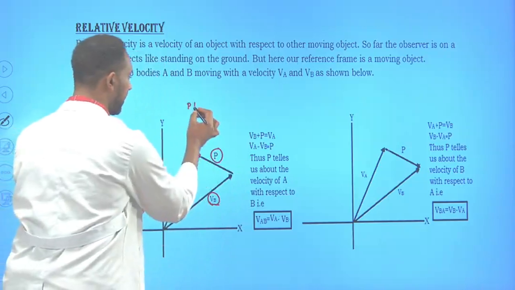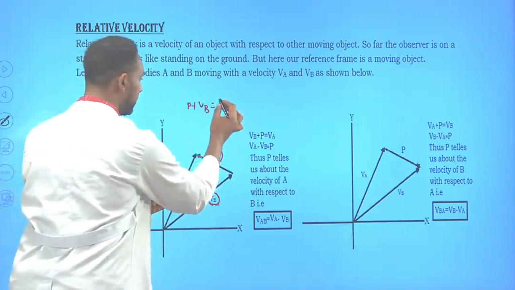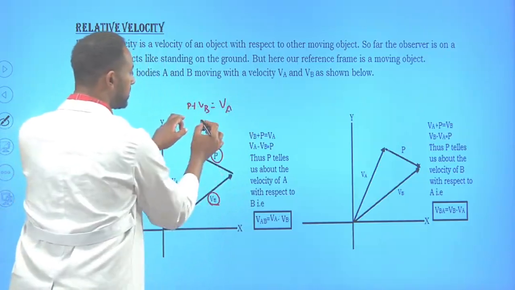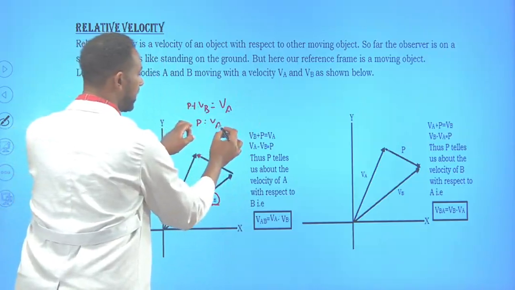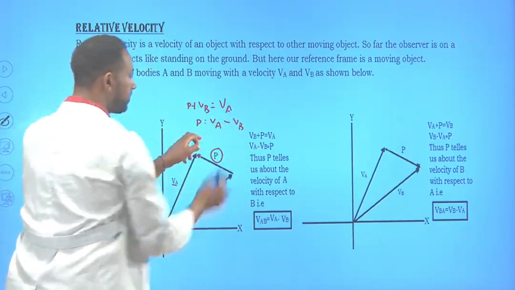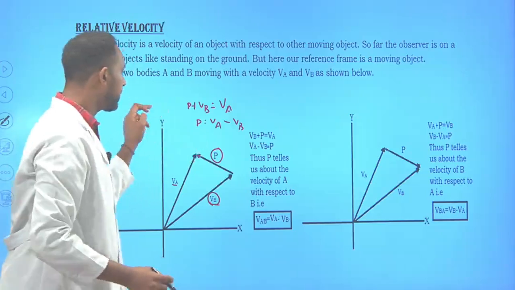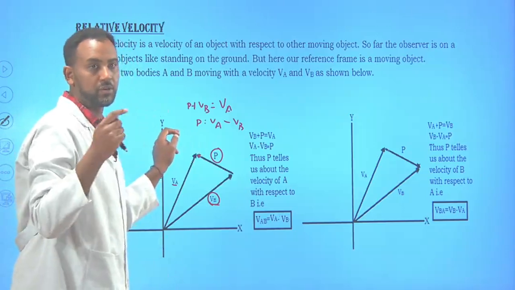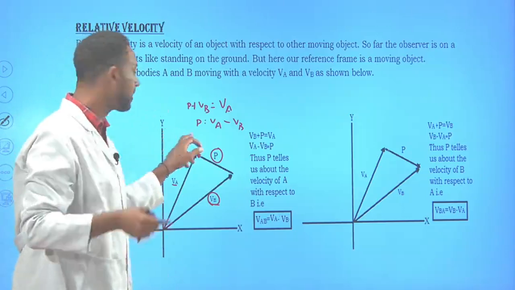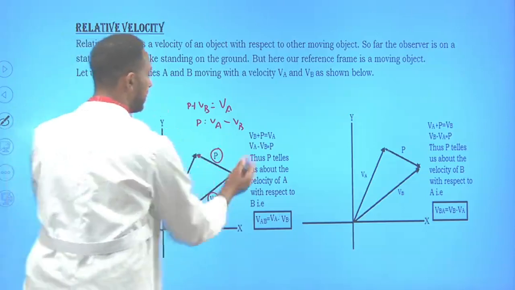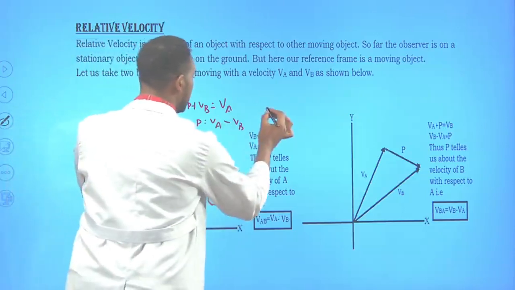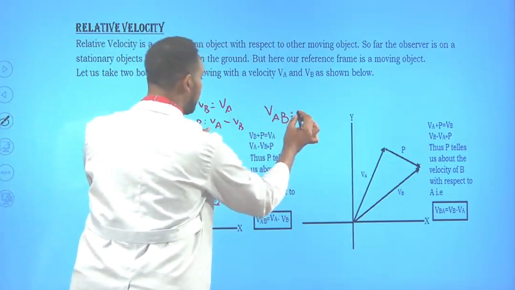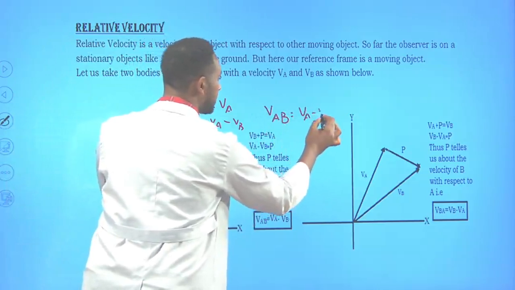Okay, P plus VB gives you the resultant velocity A. If you move this in this direction, P becomes velocity A minus velocity B, meaning the relative velocity of car A as expressed by the driver or an observer on car B can be expressed as VA minus VB. This means the relative velocity of car A with respect to an observer on car B is given as the velocity of A minus velocity of B.